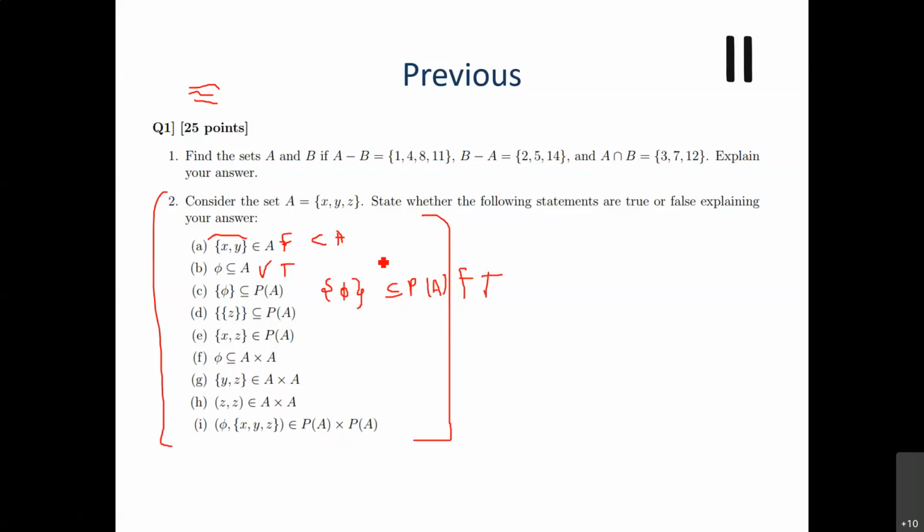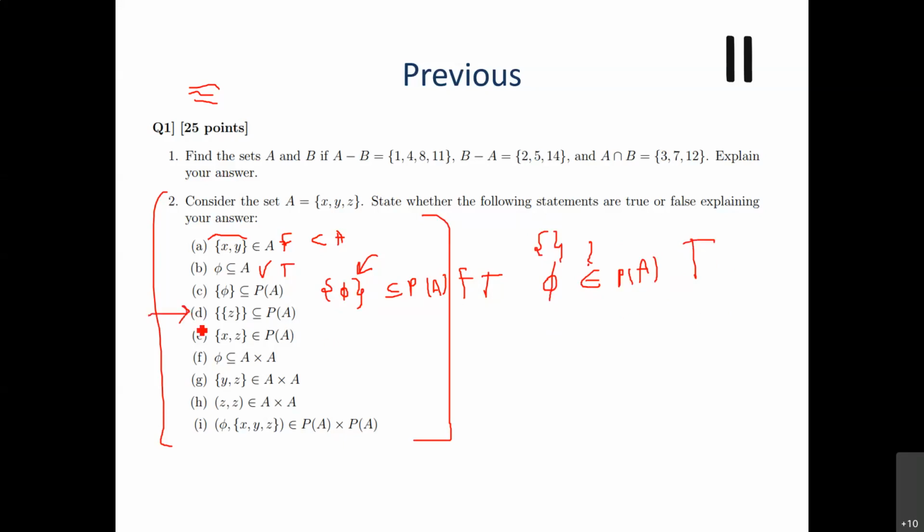This is saying every element in this set belongs to P of A. Well, what are the elements in this set? It's just phi. So this is like asking, does phi belong to the power set of A? And yeah, it is there, right? This is just the empty set. It is in the power set of A. So true.